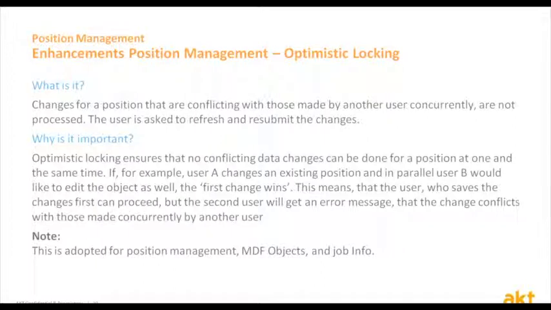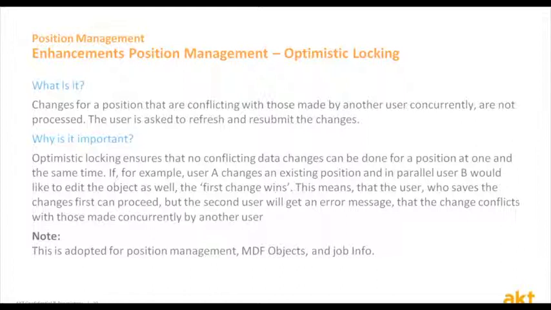The next feature is called optimistic locking. Danny mentioned it shortly. This feature prevents two different users from making changes on the same entity at the same time. The way it works is first change wins. So the first user can submit the change and save it, but when the other user attempts to save his changes, an error message pops up, and he would not be able to continue with the save process.